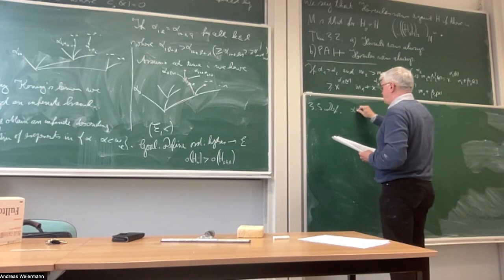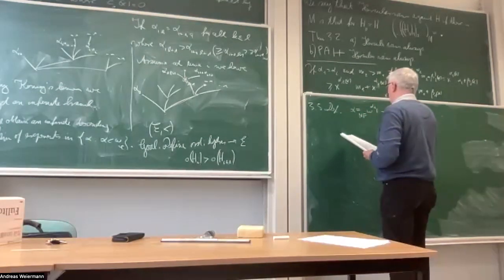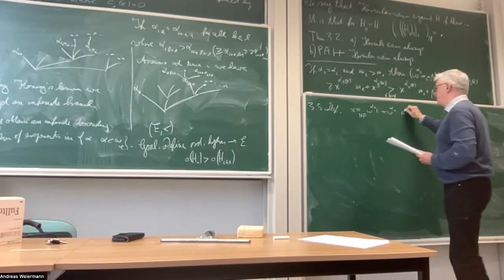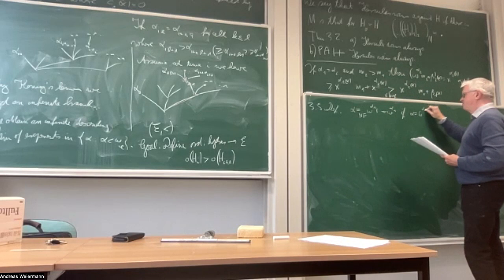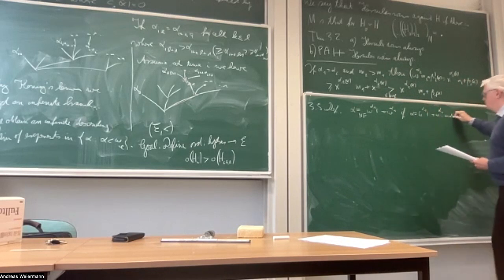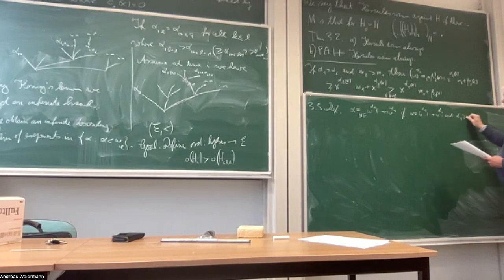I say alpha is in normal form, omega to the alpha 1 plus ... plus omega to the alpha n, if alpha is such a sum and we already have the exponents in the expected way.